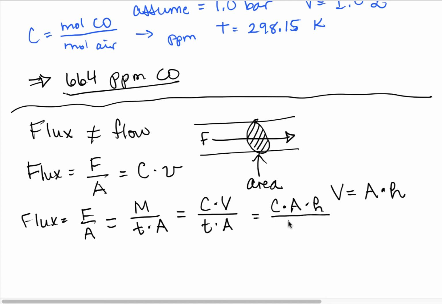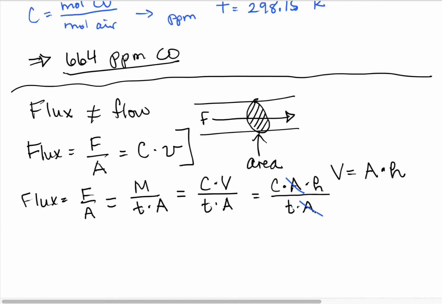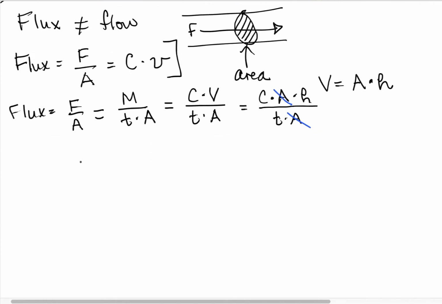By the way, you do not have to remember this process. You can just stick with this equation, but just in case you were curious, I wanted to show you how we got from one to the next. So our areas are going to cancel out. Then height is sort of the same thing as length or distance, and distance per time is how we think about velocity.